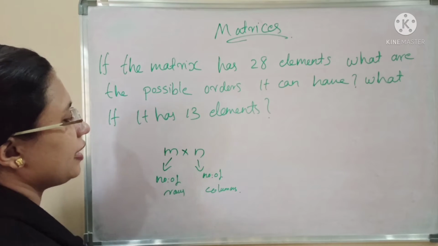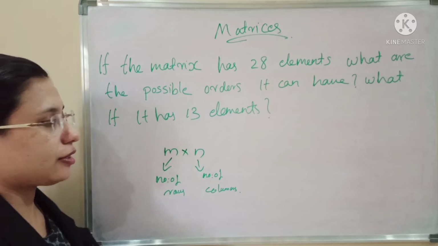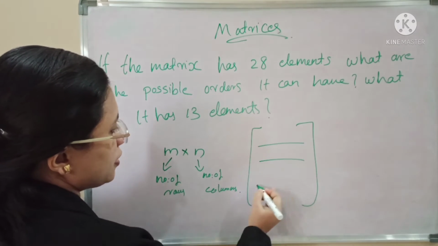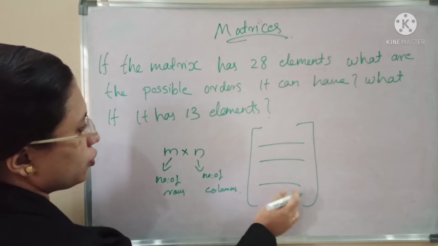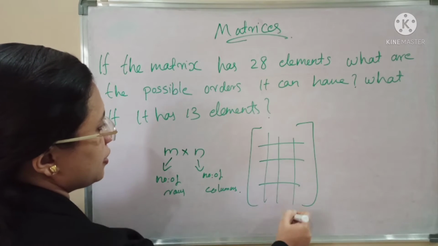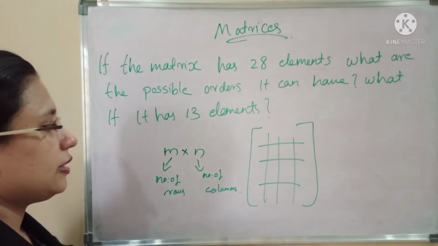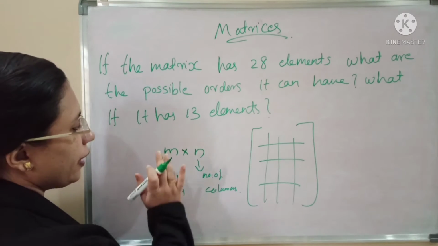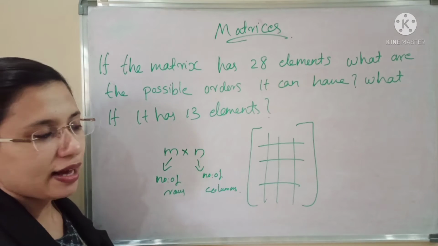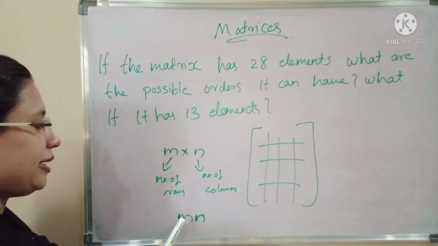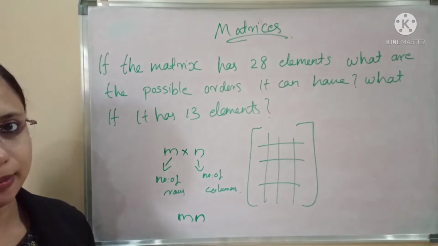So m by n will be the order of the matrix. Now for an m by n matrix, how many elements will be there? There will be m into n elements.